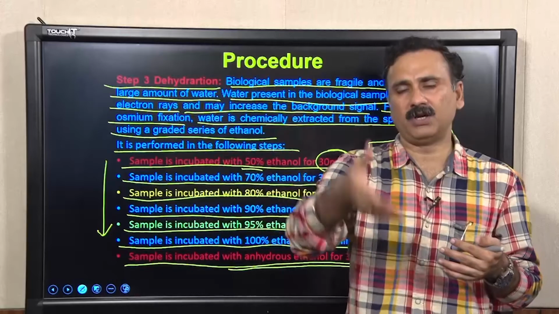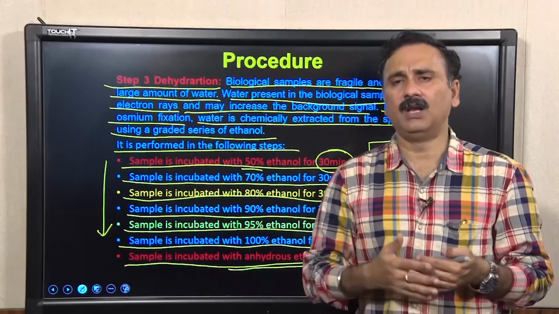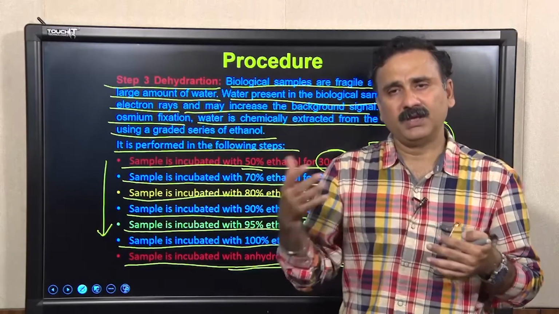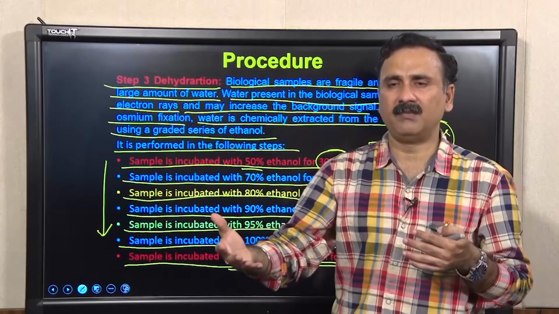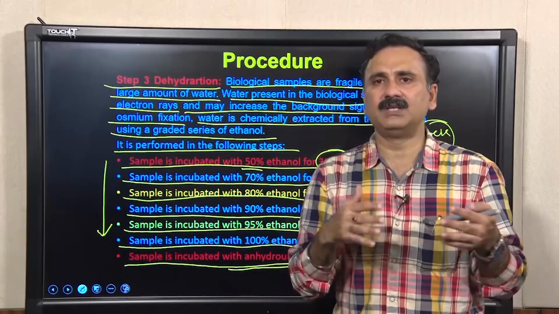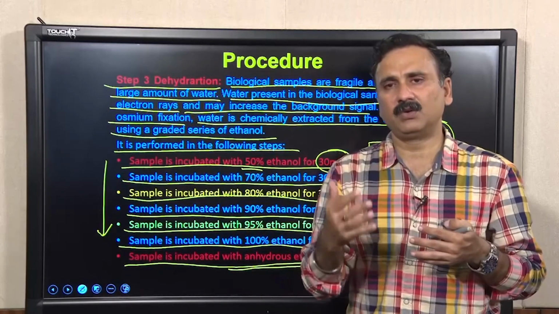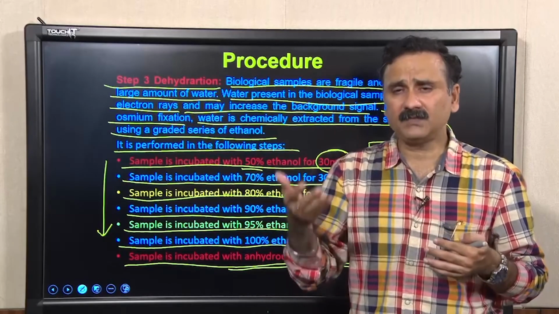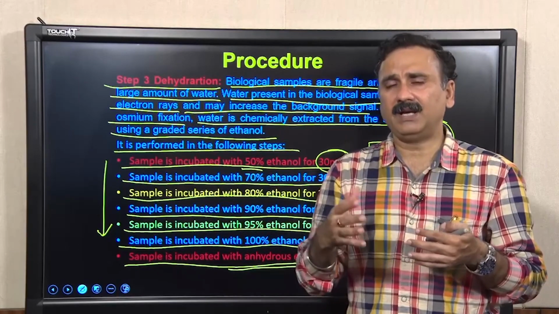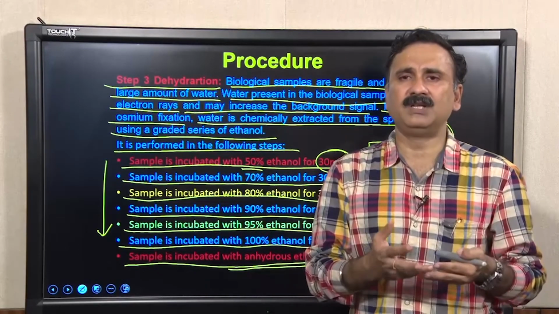Why we are doing the graded dehydration is because if you do abrupt dehydration, which means if I just take the sample and put it into 100% alcohol, first of all, removal of water is not going to be smooth. It is going to be more from some ends and less from the other ends. That is going to change the surface chemistry, and that is how it is going to change the structure or the morphology of that particular sample. And apart from that, the alcohol may also damage the sample.